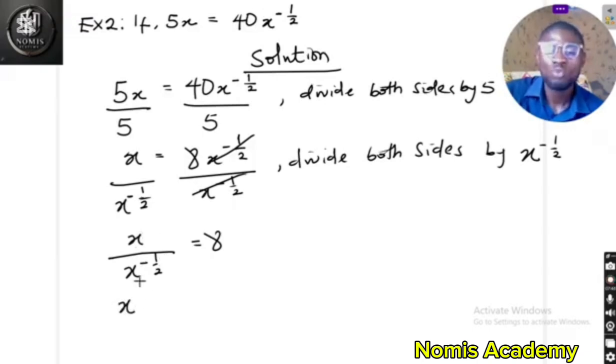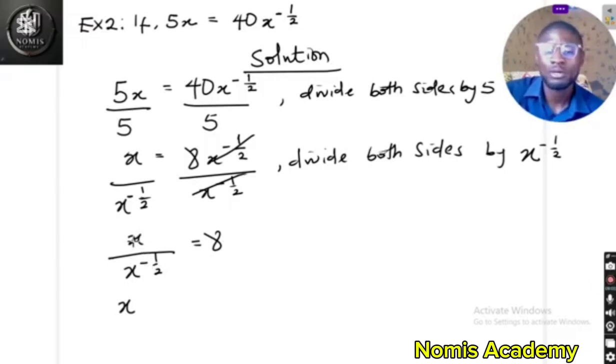Now since I have x raised to the power of 1 over x raised to the power of minus 1 over 2, remember the second rule, the rule of division, or the laws of division.